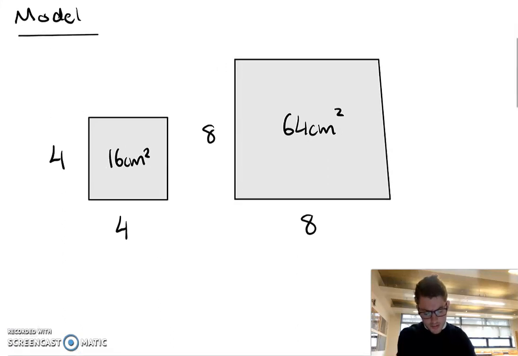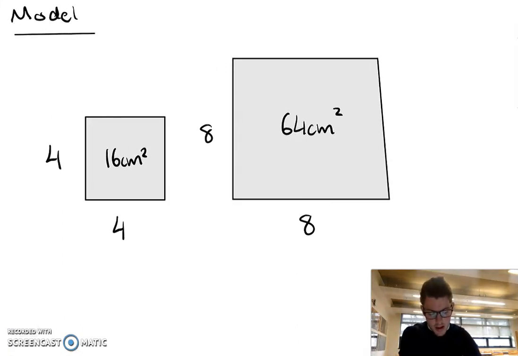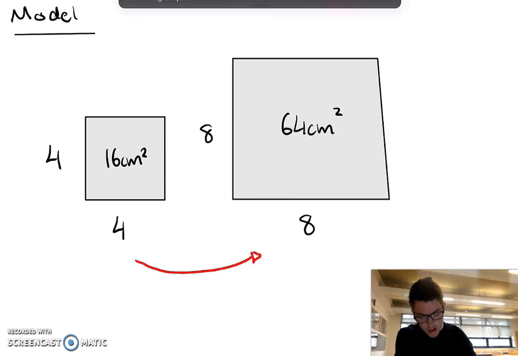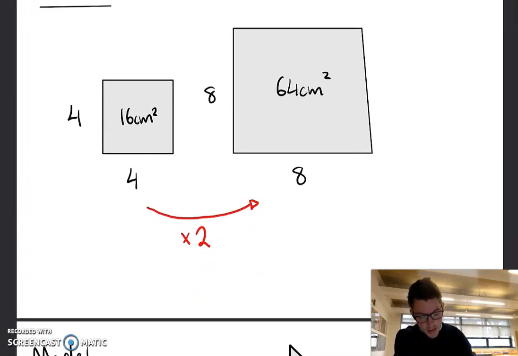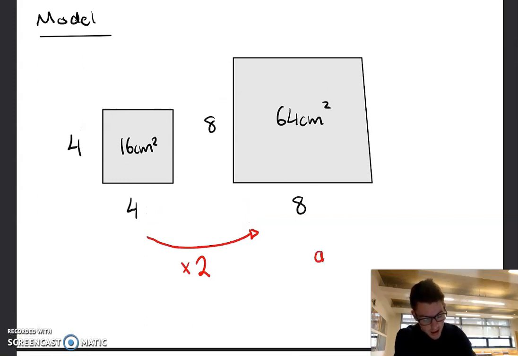So here's a model. So I'm telling you here that we've got the area and the missing side. So we can see here the shape on the right. It goes up, they're both similar, and it goes up by a scale factor of 2. And what happens here, when we have similar shapes, well, the area goes up by whatever the scale factor is.